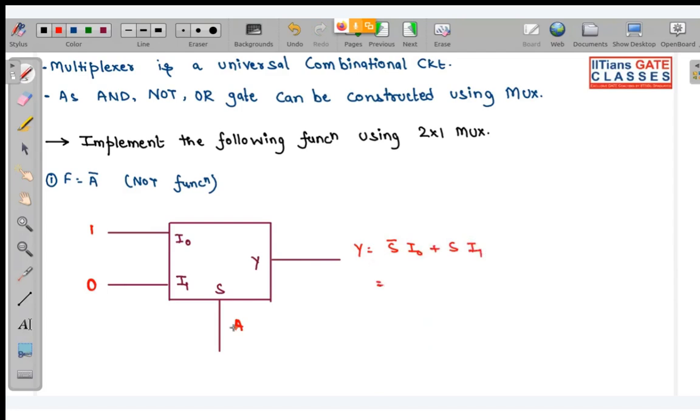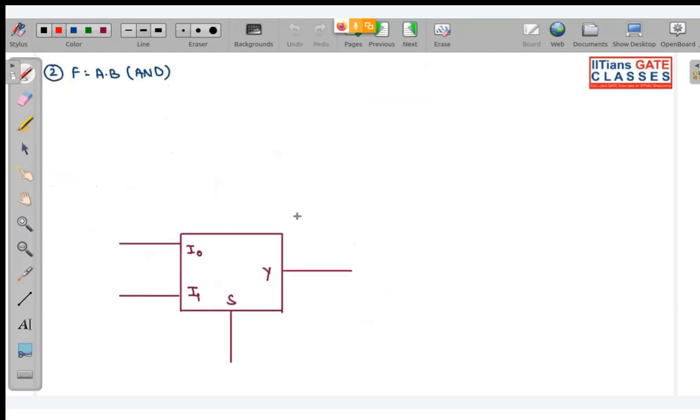S is equal to A. So this will be A complement into I0, and I0 I have already selected as 1. And S is A dot I1, and I1 is already 0. So Y comes out to be A complement. Okay, this is how you implement a NOT gate using a 2 cross 1 mux. Now I want you to implement the AND gate.